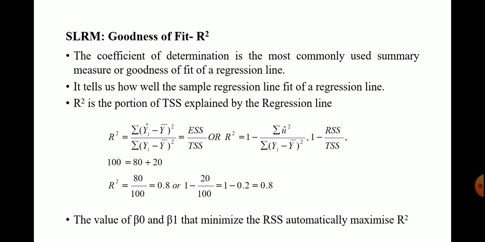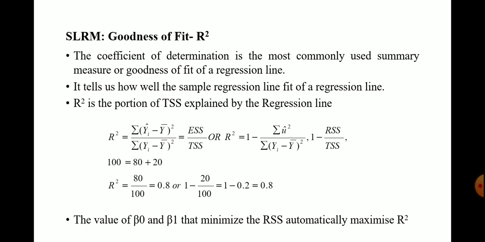The coefficient of determination, or goodness of fit, or r square, is the most commonly used measure of goodness of fit of the model, or how well our sample fits the regression line. R square is basically what proportion of the total sum of squares is explained by the regression line, or what percentage of the total variations in the dependent variable is explained by the independent variable.